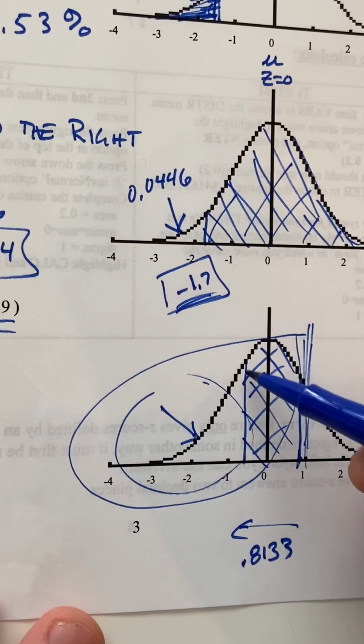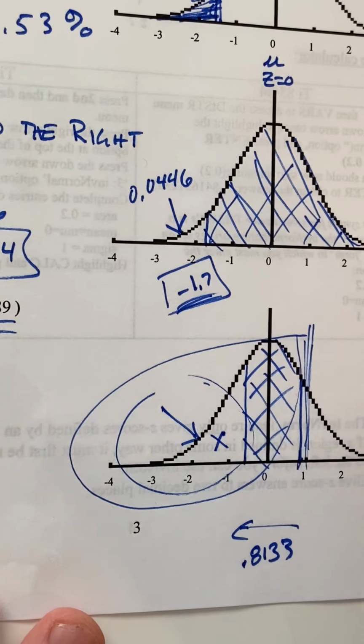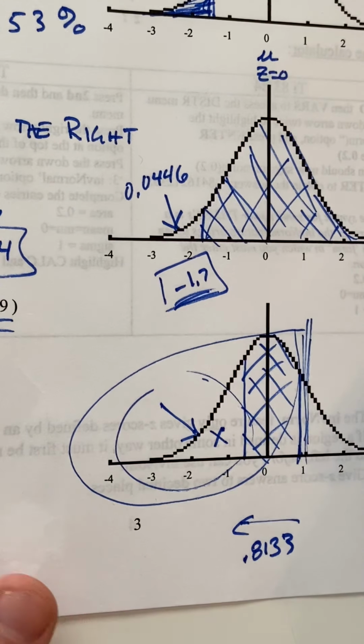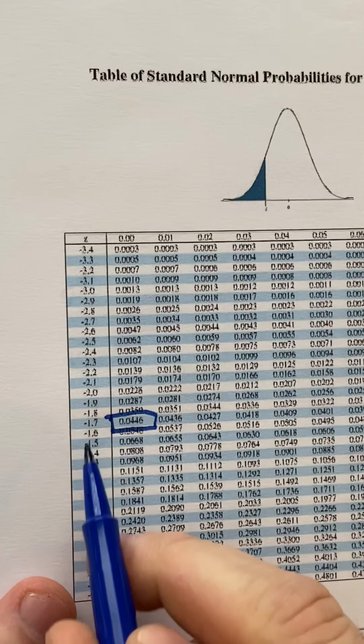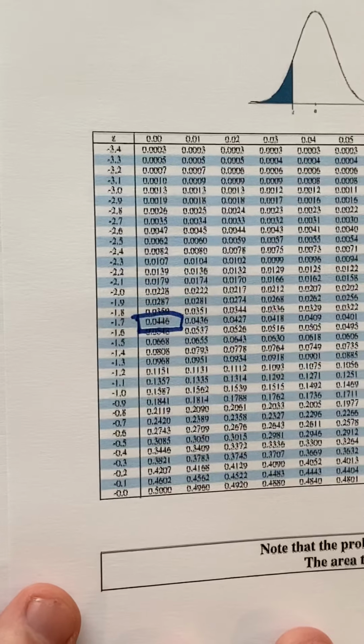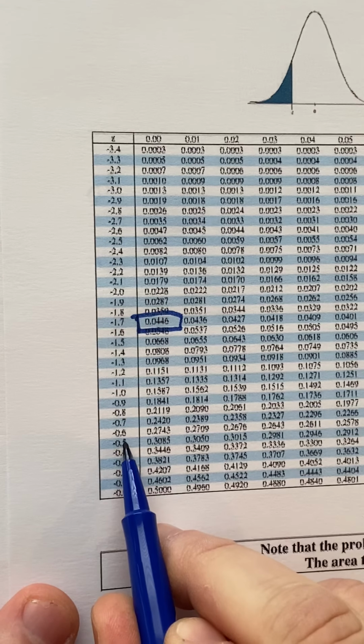Now we subtract off the white space, or this zone right in here, by looking it up. And when we look up negative 0.52 as a z-score, negative 0.5, where are you?